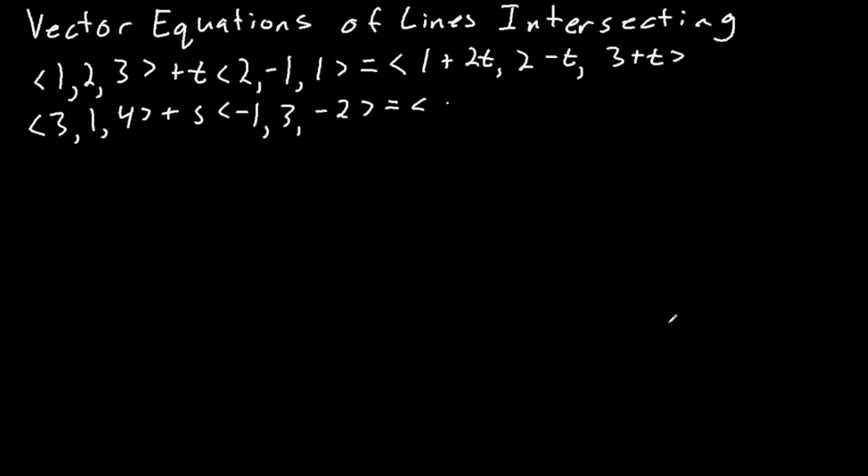This equation down here for s turns into 3 minus s, 1 plus 3s, and 4 minus 2s. And let me double check that real quick to see if that's right. 3 minus s, 1 plus 3s, 4 minus 2s, 1 plus 2t, 2 minus t, and 3 plus t. Okay, these make sense.